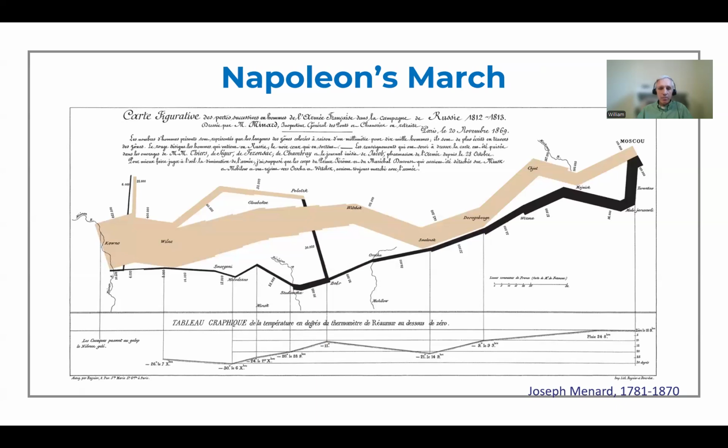And it's all in French, and it's considered kind of a work of art, and it's just iconic. So Joseph Menard put this together, maybe 1815 or something like that. Well, he lived until 1870, but it was maybe 1815.